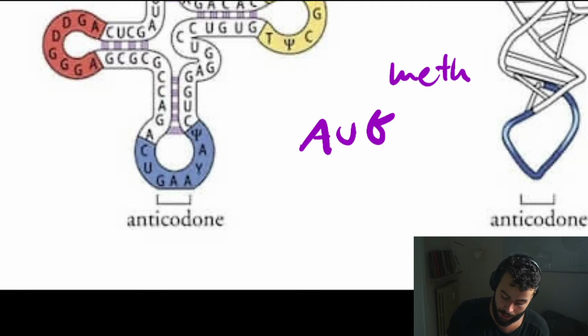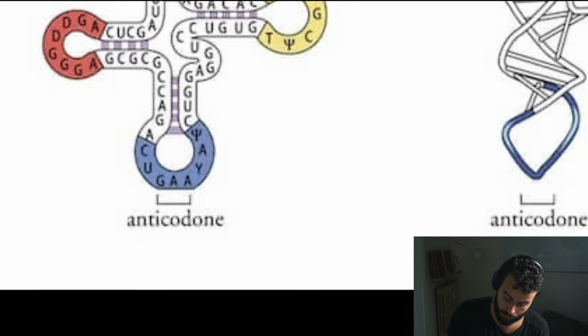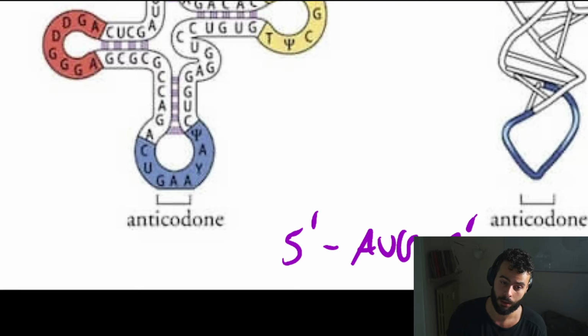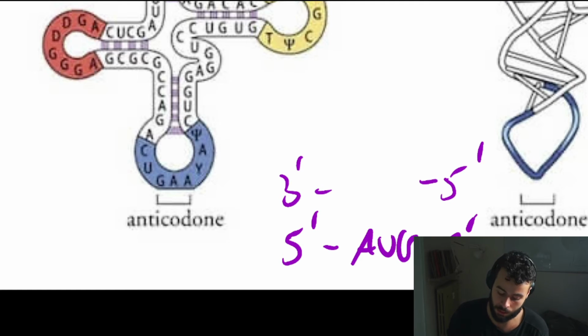Now, if we have AUG, which is 5' to 3' in our messenger RNA, the anticodon will be 3' to 5', and it is going to be the exact complementary RNA for this codon. So AUG will give us uracil, adenine, and cytosine.